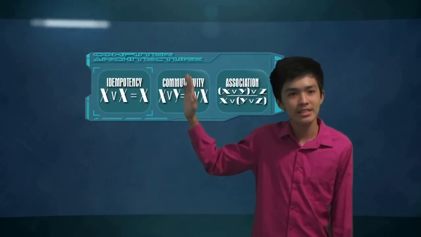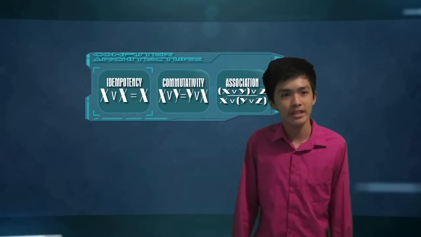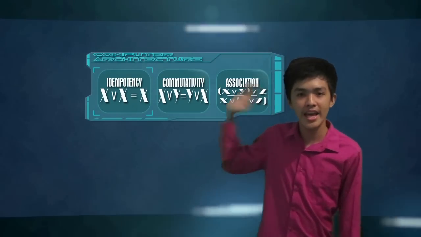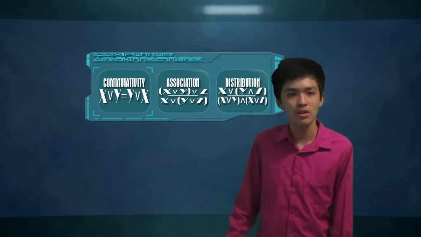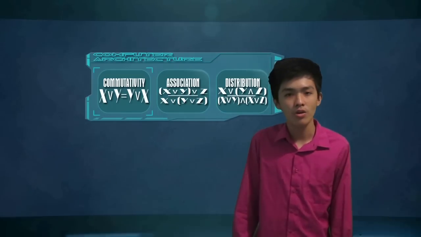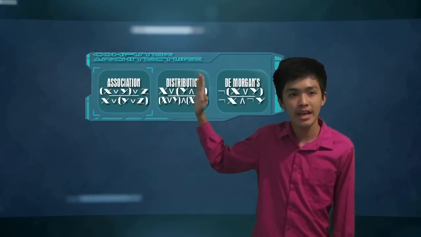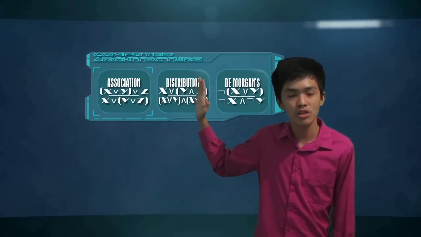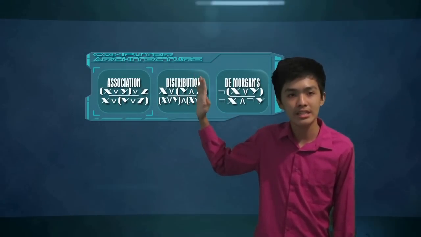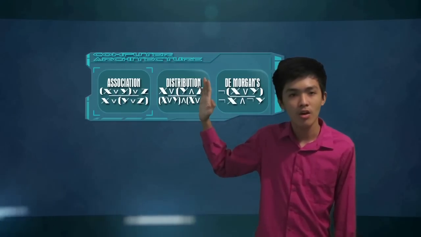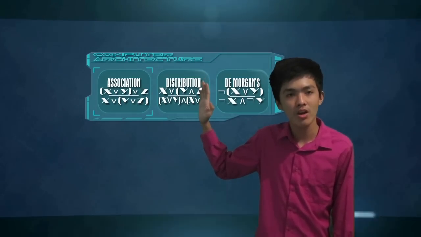Idempotency: x or x is equal to x. Commutativity: x or y is equal to y or x. Associativity: (x or y) or z is equal to x or (y or z).